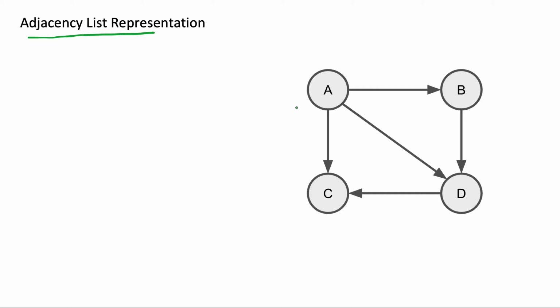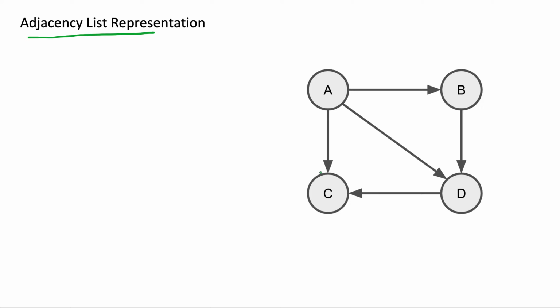And in addition, you have to understand that most of the graphs that we see in real life are sparse graphs. There will not be a lot of connections. There will be only a limited number of connections from one vertex to another vertex, or from one entity to another entity. And now let's look at how adjacency list representation is done.